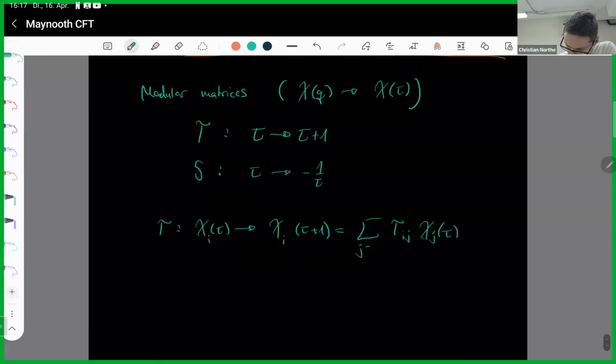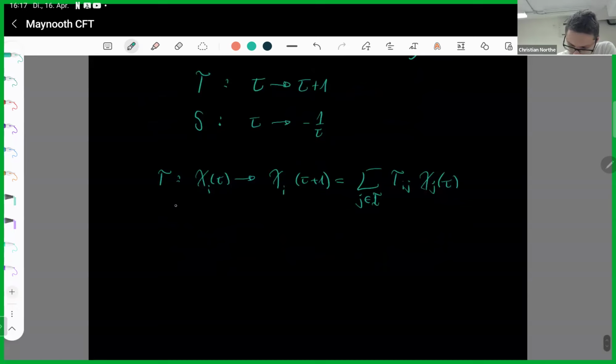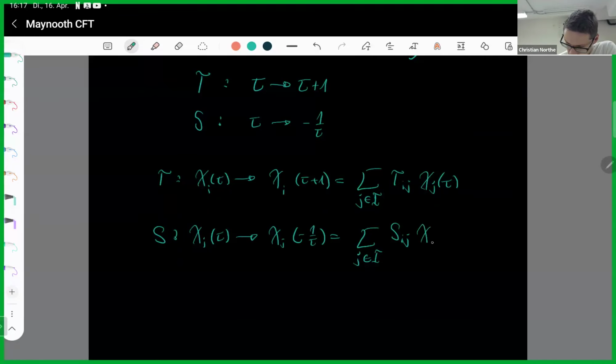This is very fast, and I apologize, but I can be a bit more concrete in a minute, like I said. Then there's the matrix S, which does the other one: the sum over J of S_ij chi_J of tau.